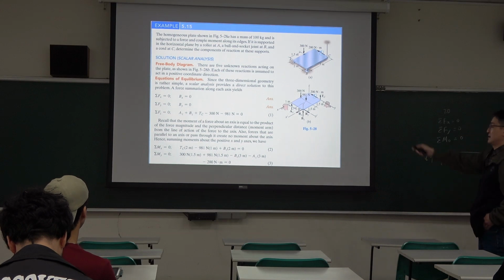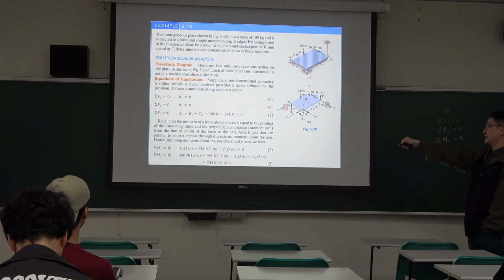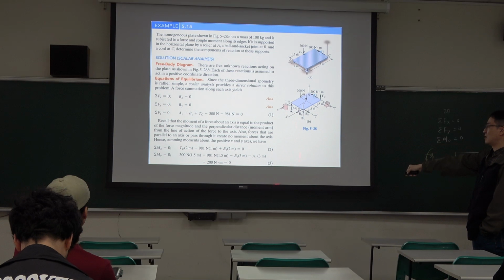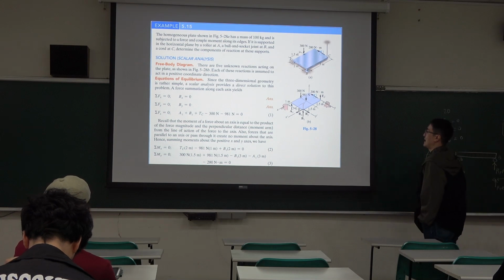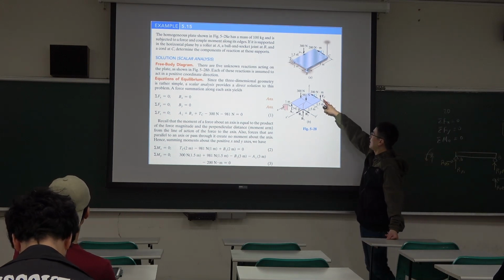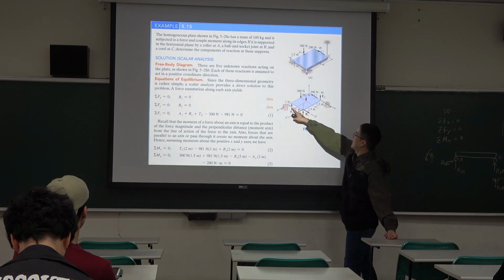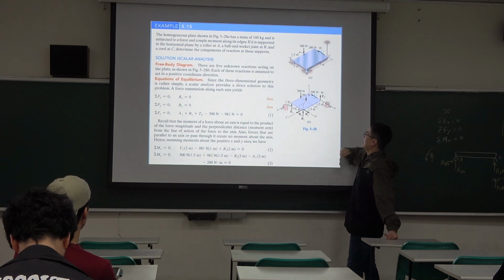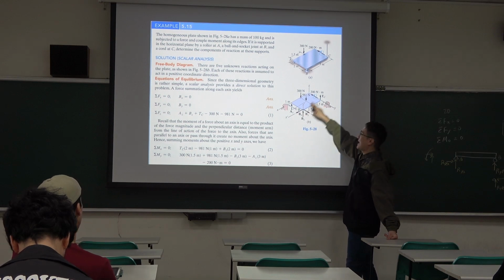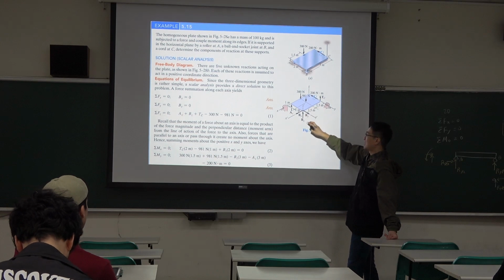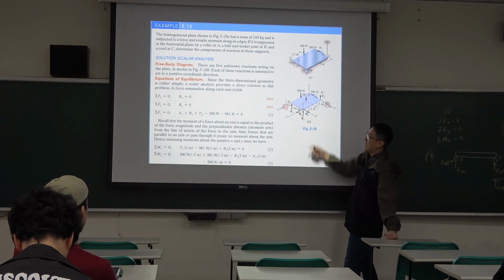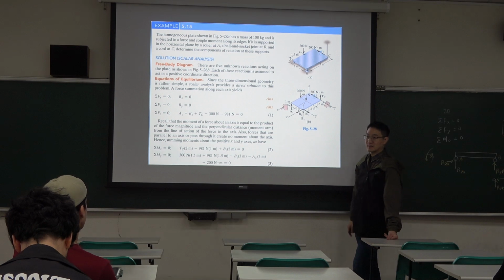Okay, then we can apply equilibrium equations to work out the condition. So by observation, for vertical force and these two horizontal forces, we don't have other loading to balance or cancel them. So this Bx and By must be 0.